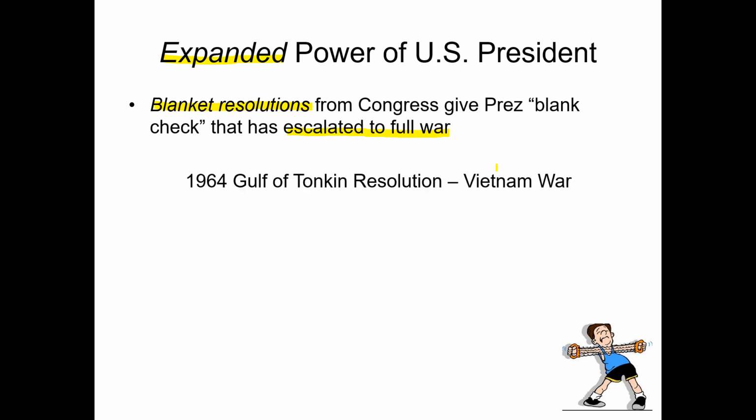For example, in 1964, there was an incident in the Gulf of Tonkin. President Johnson was running for re-election. He was wanting to try to resolve this situation in Vietnam, and at least particularly during an election year, to demonstrate to the people that he was aggressively trying to take care of this.